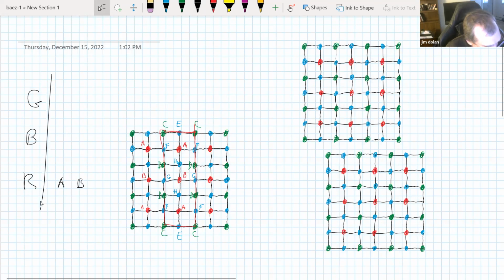And then the blues are E and F and G and H. I usually do this in a different order with A and B at the top. Is this the way it goes? I think that's right. So these are the bad fibers, the ones where some point has multiplicity.